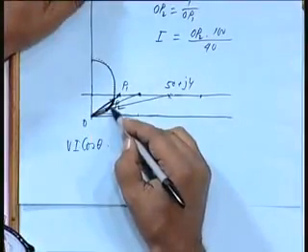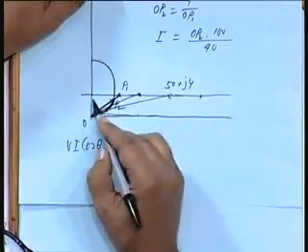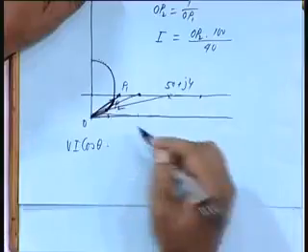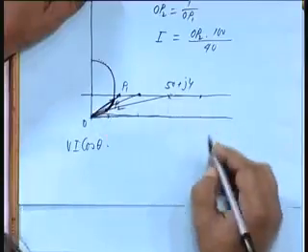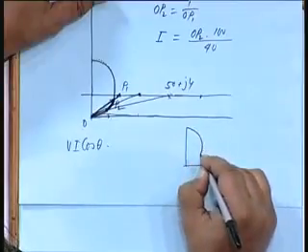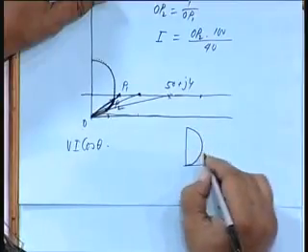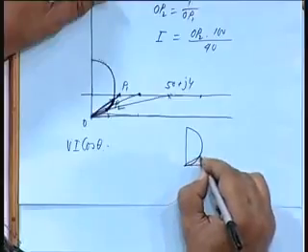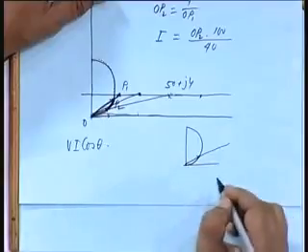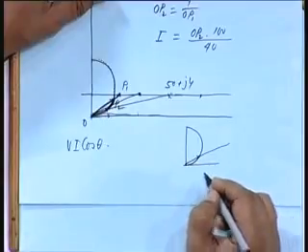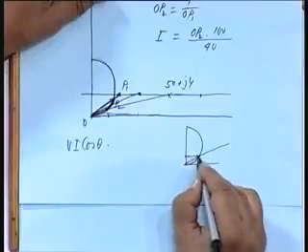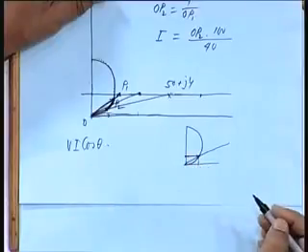So, cos theta means if you drop a projection, cos theta into, yes, this is our semicircle. Suppose for any position this is the current, then what is I cos theta? This one, is it not?